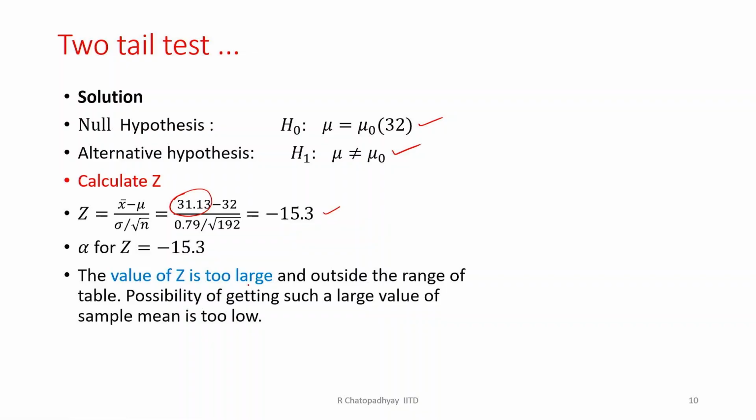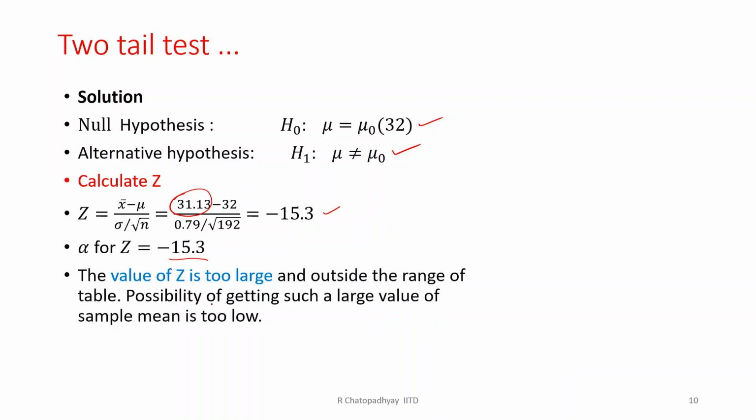So the value of z in this case is very, very large. It is beyond 3 sigma, 4 sigma, 5 sigma, 6 sigma. In terms of z scale, it is too far from the population mean.